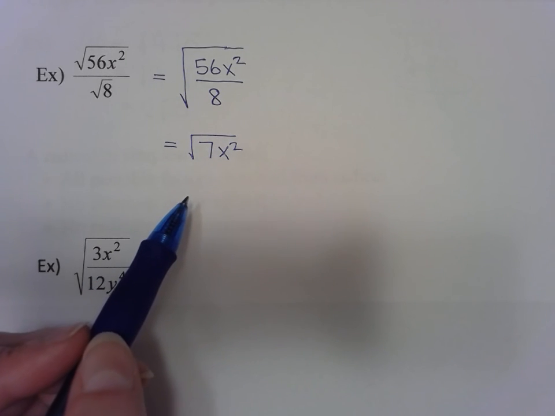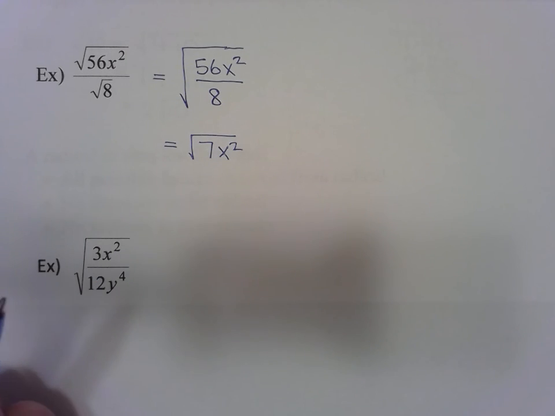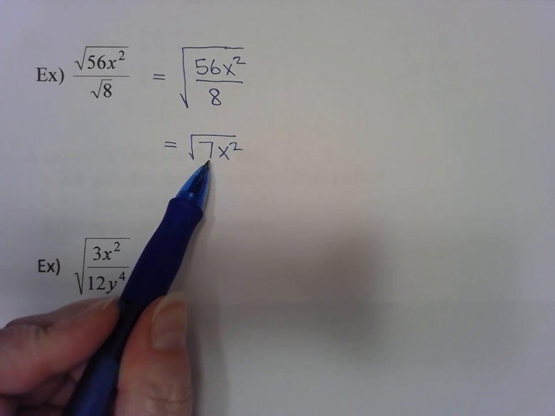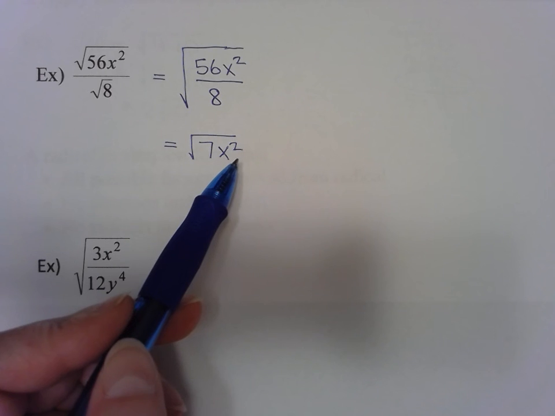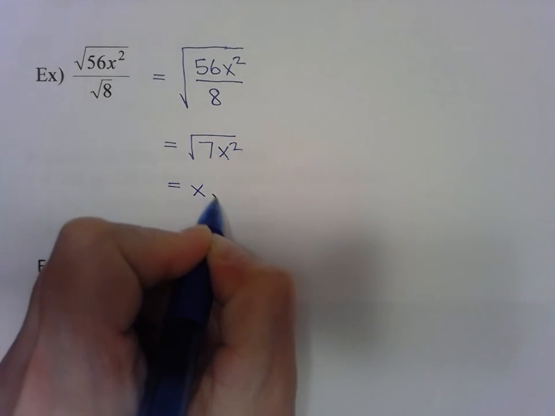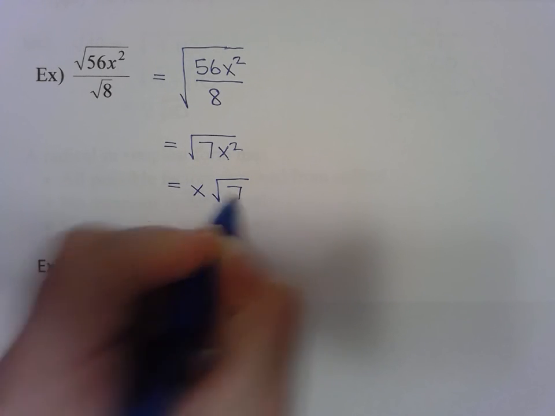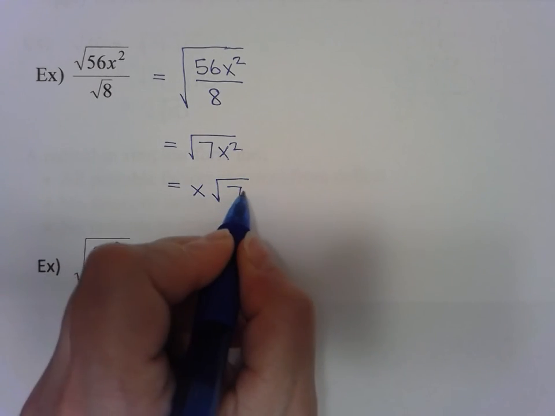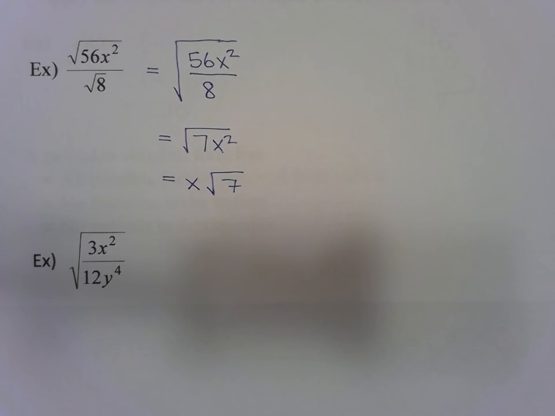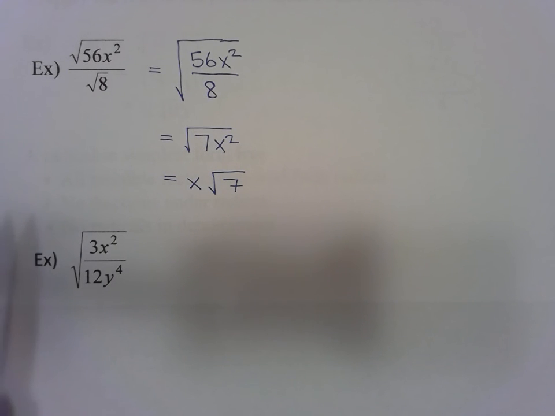I can't break it up into anything with a perfect square, so really I can't do anything with the 7. It stays under the square root, but I can take the square root of x squared. So an x would come out, and the 7 would stay inside. Okay, so that's one use of the quotient rule. Let's do another one.